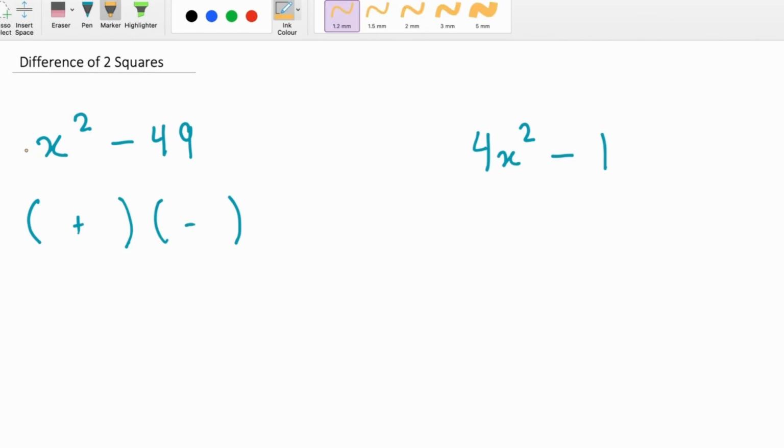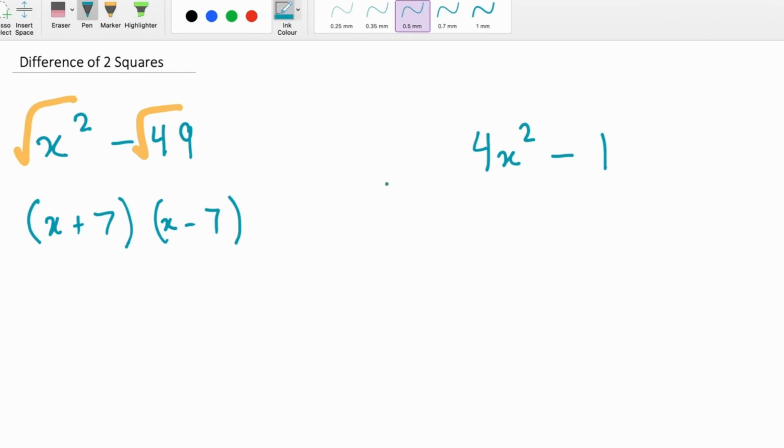Step 2 is all we need to do is square root both of these terms to give us our two terms in the bracket here and here. So square rooting x squared gives us x, square rooting 49 gives us 7. And these two terms will repeat in the other bracket as well. And that is that factorized.